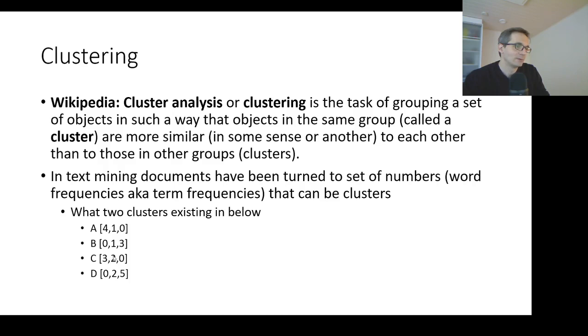With respect to the second word, there is some commonality, but it is not such a commonality that it would separate it from B and C. So most of the commonality actually comes from the first word, where C has 3 and A has 4, while B and D have zeros. And the other cluster is now obviously B and D, that have 3 and 5 for the last word, whereas C and A only have zeros.